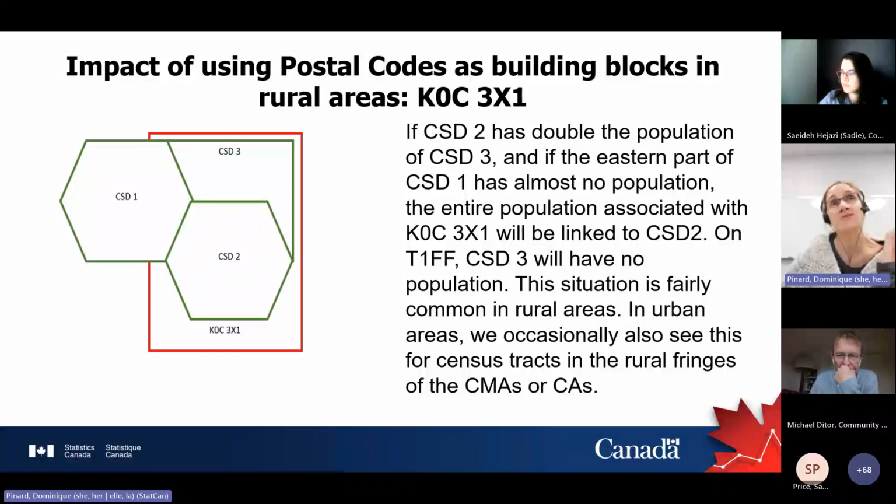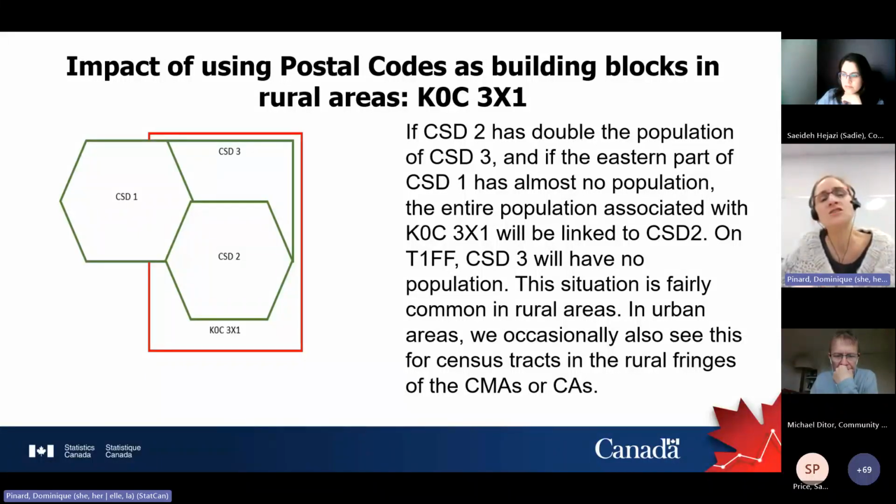Usually, if someone asks for CSD data, we're going to provide a coverage rate that compares the data with the census population at the CSD level, for example. For non-census years, we would compare to the population estimate to give you an idea of the precision or the comparability with the census geography.